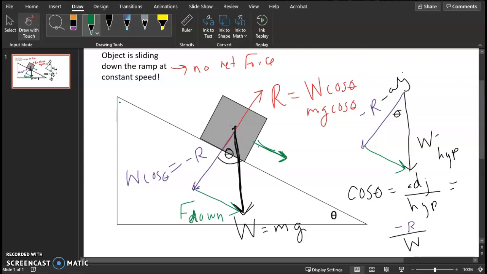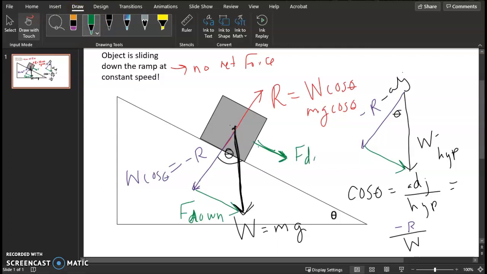Be very careful, guys. So many students lost a lot of points last year because when they drew this force down the ramp, rather than being parallel to the surface of the ramp, they had it parallel to the ground, to the bottom of the ramp. That's not the direction the object is sliding in. Do not draw the vector like this. The vector is parallel to the surface of the ramp.